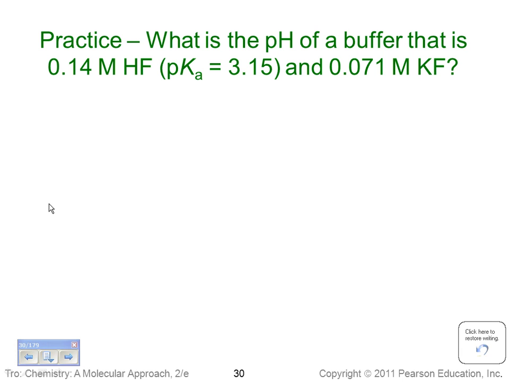How do you get a buffer? A buffer must consist of some weak acid and its conjugate base. So out of this potassium fluoride salt, it's only the fluoride part that's really the active component of this buffer. For potassium fluoride or sodium fluoride, that doesn't matter.